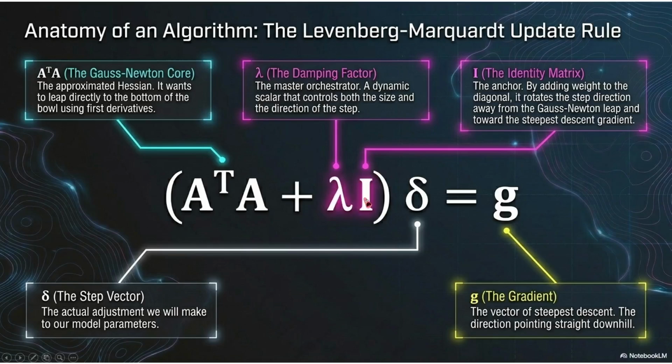The identity matrix acts as an anchor, rotating this step direction, while lambda serves as the master orchestrator, a dynamic scalar that controls both the size and the direction of our step.